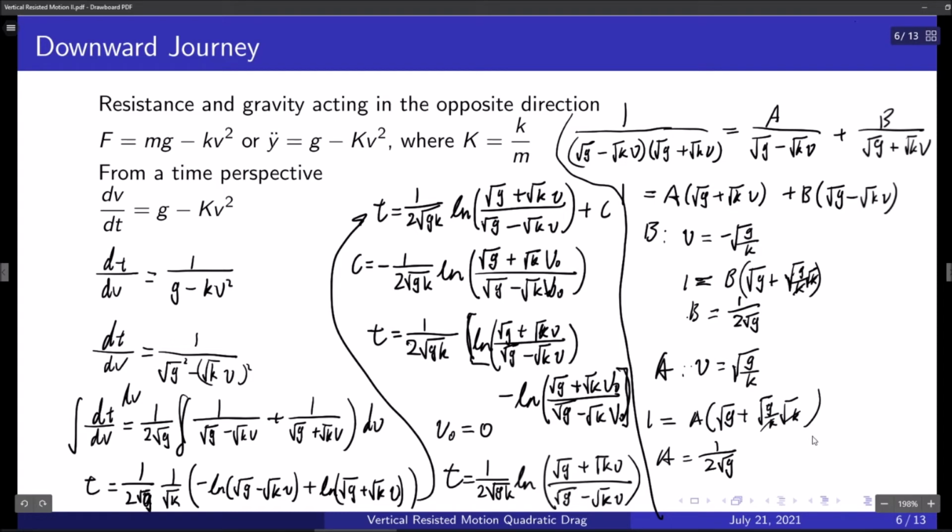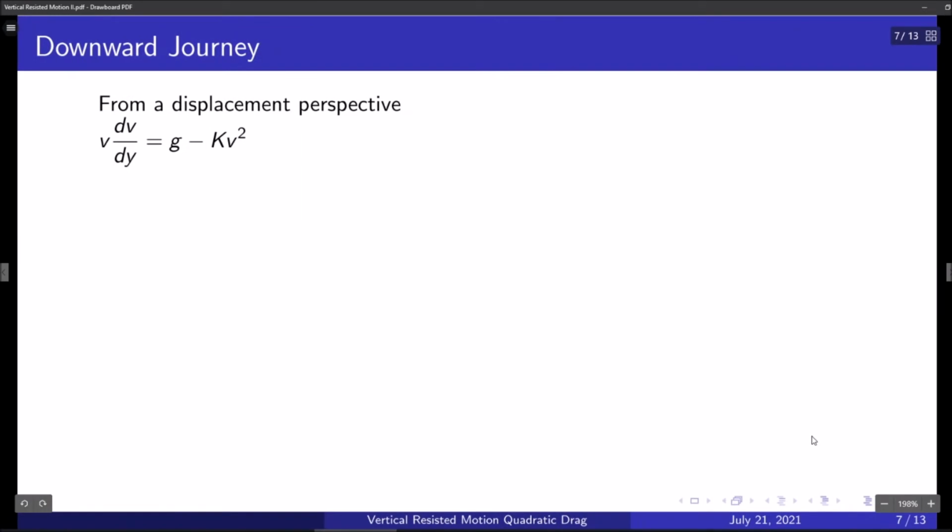Okay, let's move on to the displacement. So in terms of displacement, it's very similar to what we did previously. I just keep on saying that, haven't I? Basically just dv over dy equals g minus kv squared over v, and then dy over dv equals v over g minus kv squared.